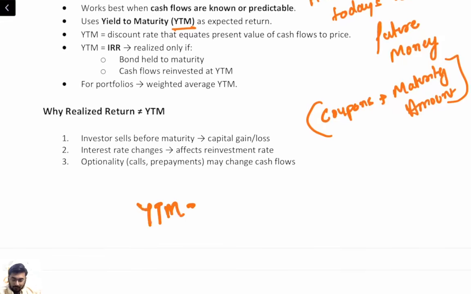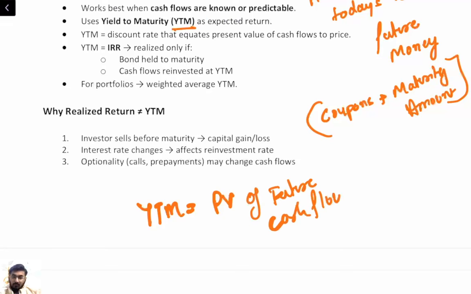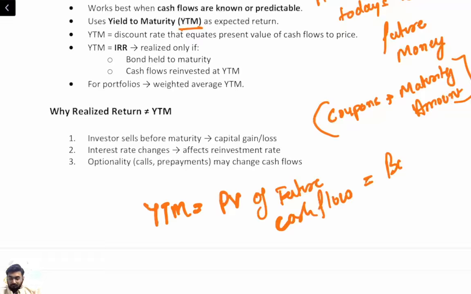In simple terms, present value of all future cash flow is equal to the bond's current market price. Clear? Now, if you put all the future coupons and final amount into a calculator, YTM is basically the return that makes the total amount equal to today's price.